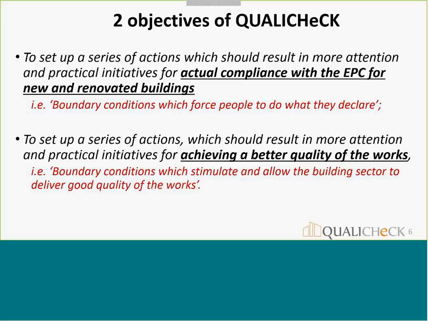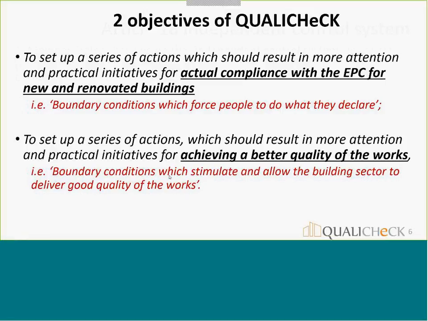The second objective is quite similar: to set up a series of actions which should result in more attention and practical initiatives, but in this case, for achieving a better quality of the works. Said in simple words, create boundary conditions which stimulate and allow the building sector to deliver good quality of the works.